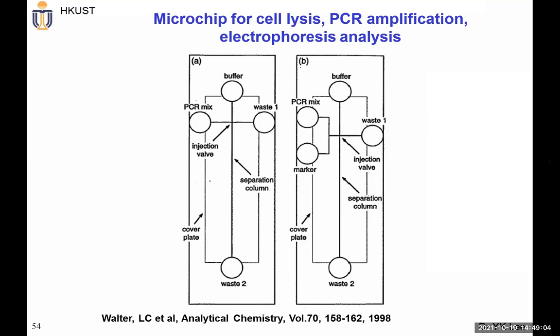What's cell lysing? Basically, we try to kill the cell and extract DNA and RNA from the cell. If the concentration of DNA and RNA is so small, then we need to do amplification by PCR. And then finally, once you have amplification, we also think about electrophoresis, right?